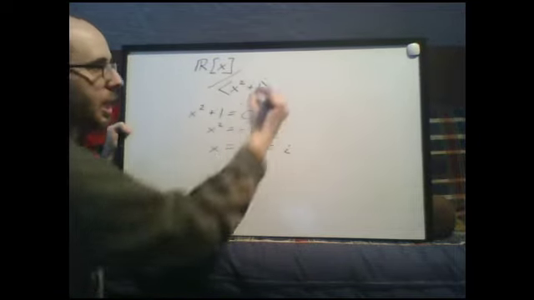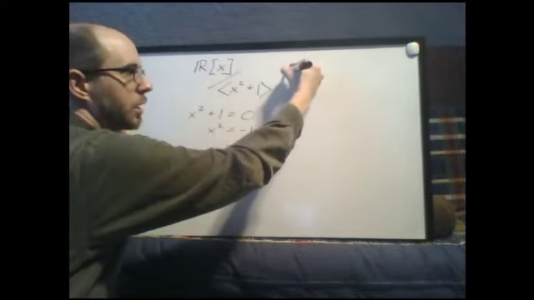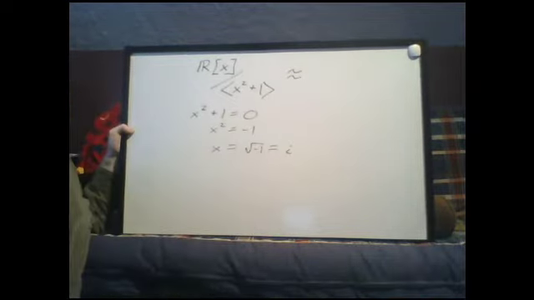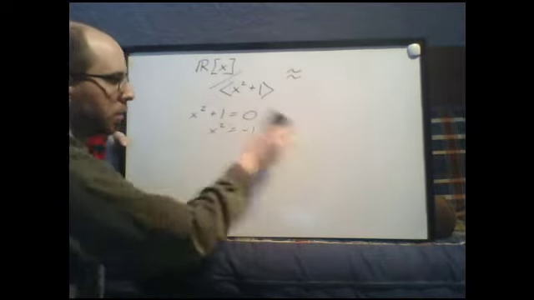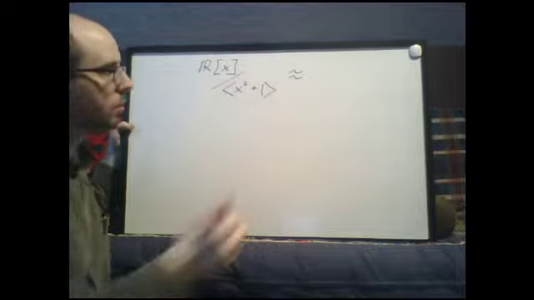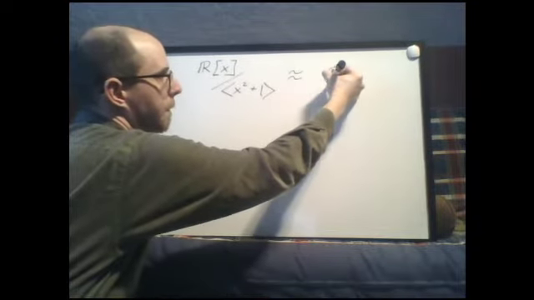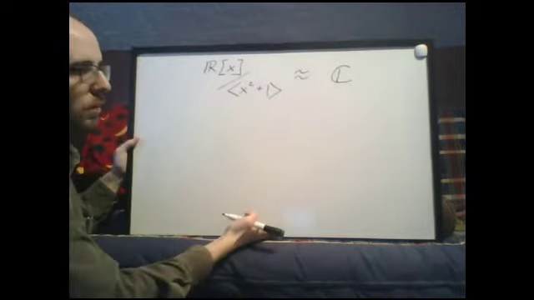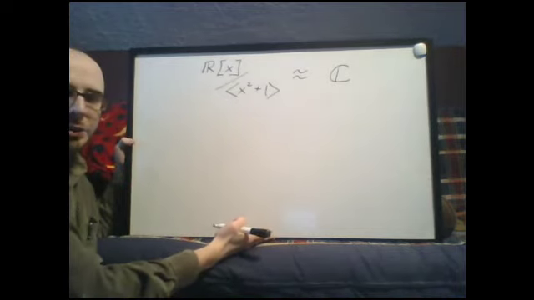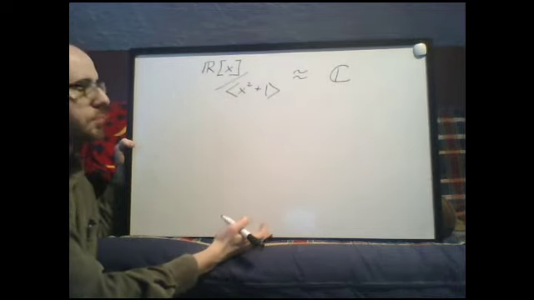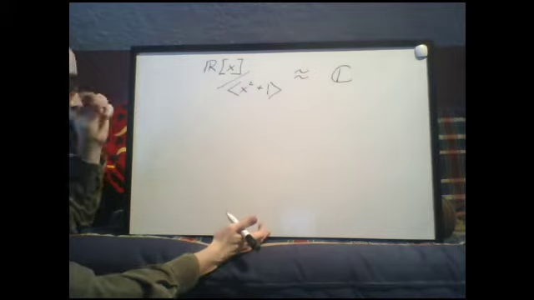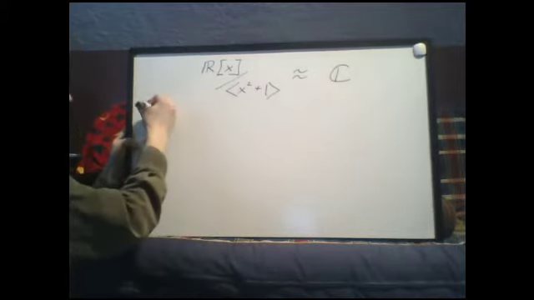So what we want to say is this factoring turns out to be isomorphic to the complex numbers, as rings. They're isomorphic as rings. Okay, so let's prove this.